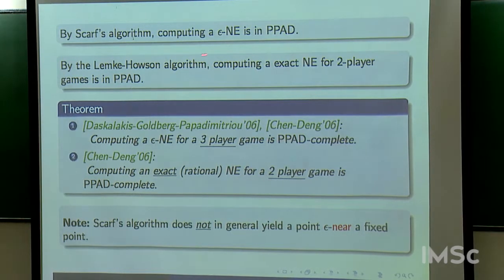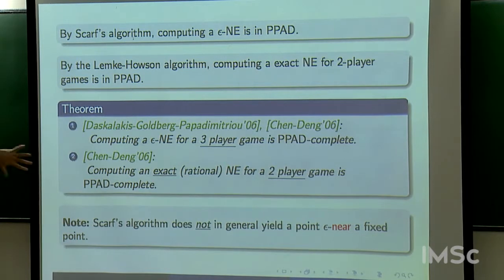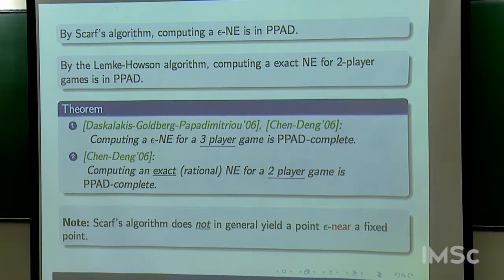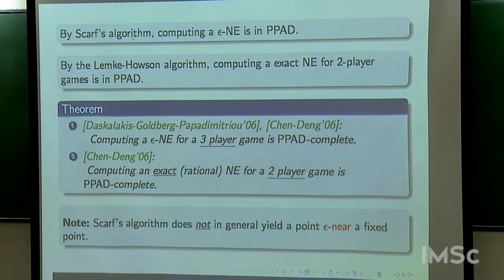No single player can improve their own payoff by more than epsilon. So by Scarf's algorithm, computing an epsilon Nash equilibrium is in PPAD. That follows when you observe the kind of fixed point problems that Scarf's algorithm allows you to compute, in particular for Nash's functions, whose fixed points give you the Nash equilibria. You see that almost fixed points of those functions are indeed epsilon Nash equilibria.